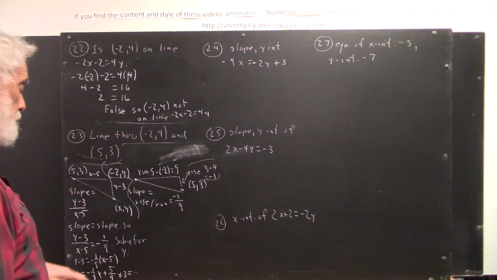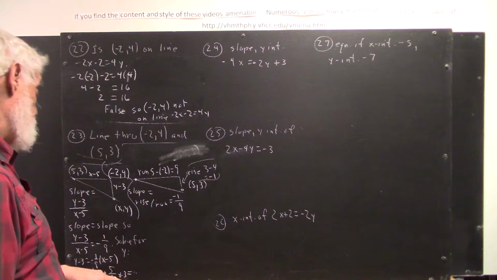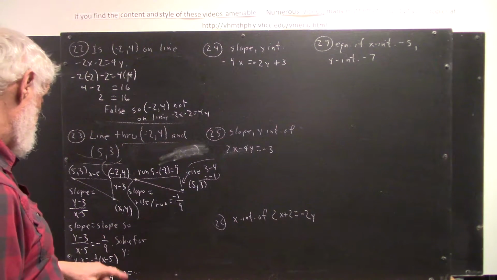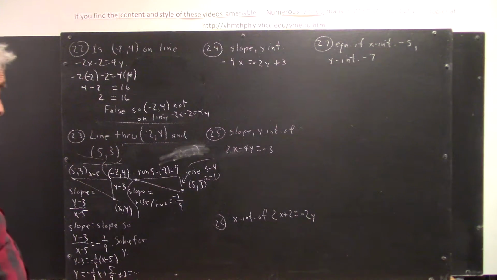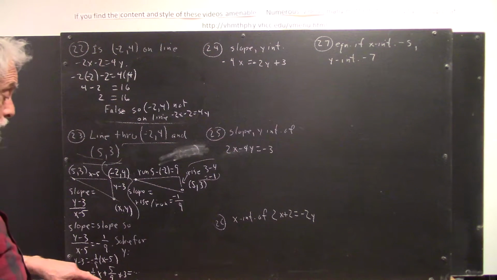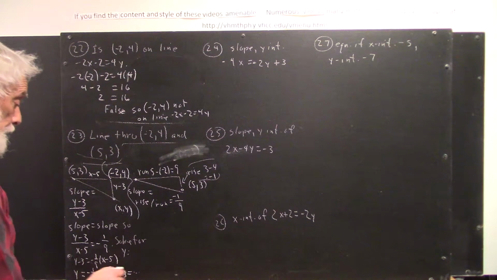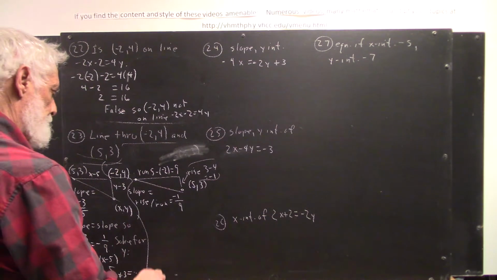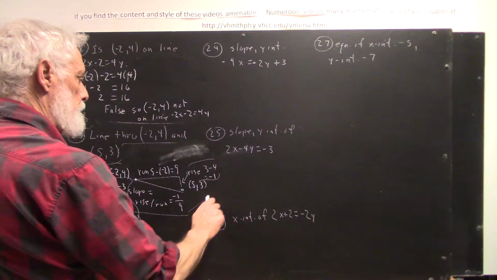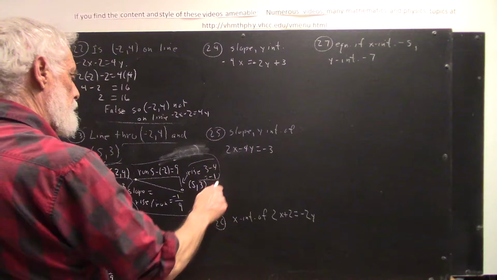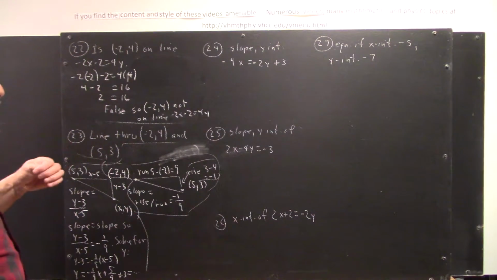And that can be simplified. 3 is 27/9. We add 5/9 to 27/9, and we get 32/9. So we get y = -1/9 x + 32/9. So that's one way to get the equation of the line.